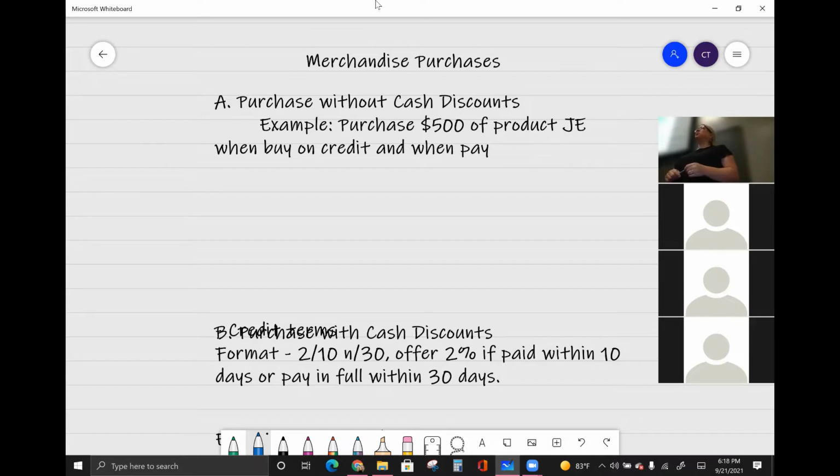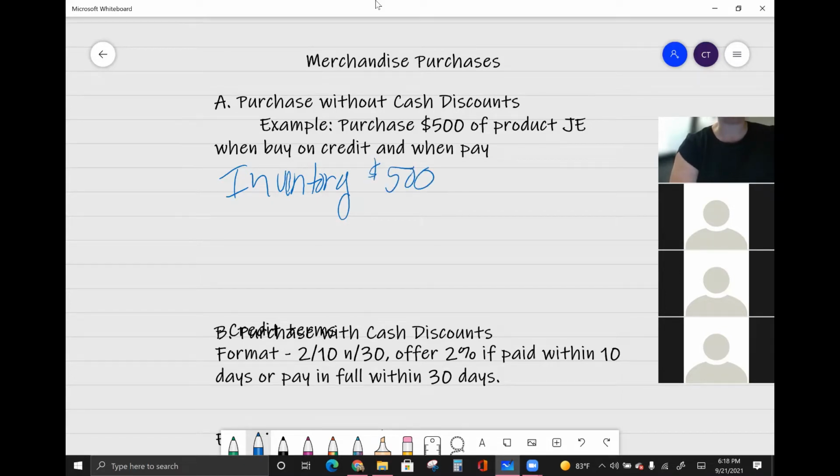And do we normally have a debit or a credit balance for an asset? A debit. Debit. When I buy inventory for $500, I'm going to put that on my books. My inventory on the shelf is going to be $500. That's going to be my debit. So I'm debit merchandising inventory or just inventory for 500. And I'm crediting because I'm buying it on credit, not cash.